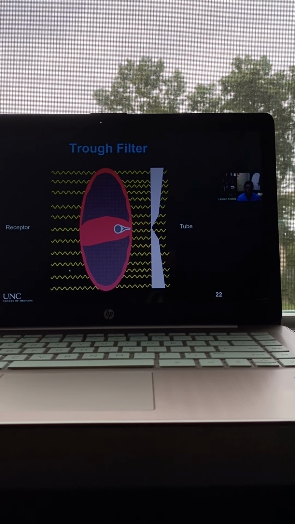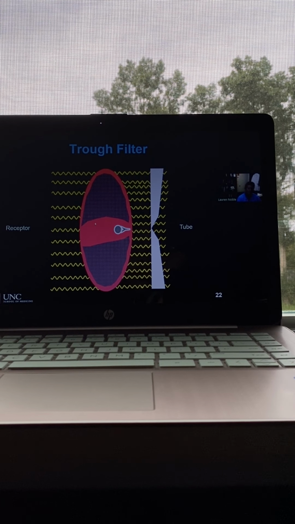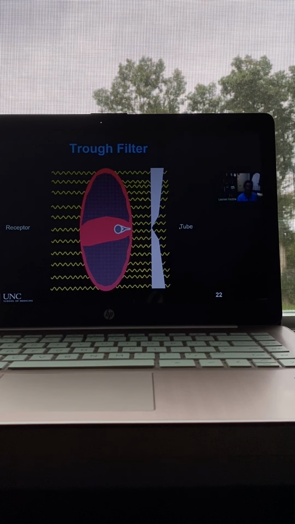A trough filter. I try to get this to look like it's hard in 2D, but if someone were doing an upright chest x-ray, the x-ray tube is here, and this trough filter is mounted to the collimator. Then you have your patient and then your image receptor.